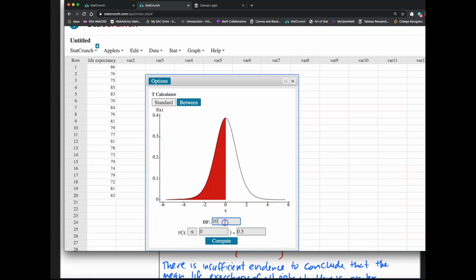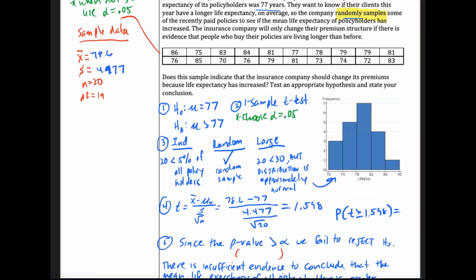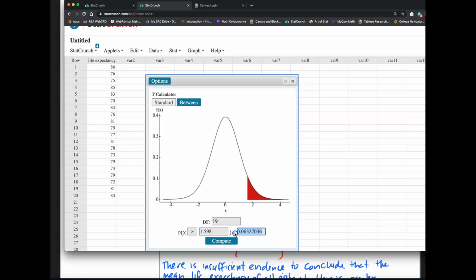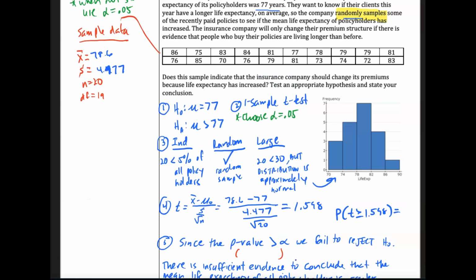Probability, degrees of freedom is n minus 1. N was 20, so it's 19 again here. And the probability that it is more than 1.598. Compute that, and I get a p-value of 0.063. 0.063 is our p-value here.